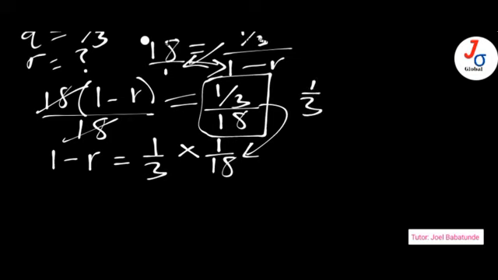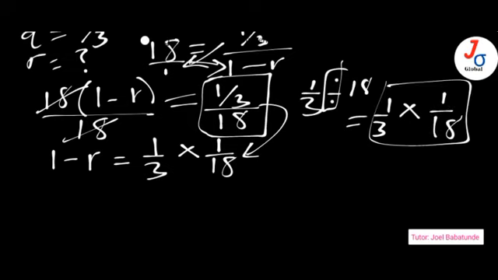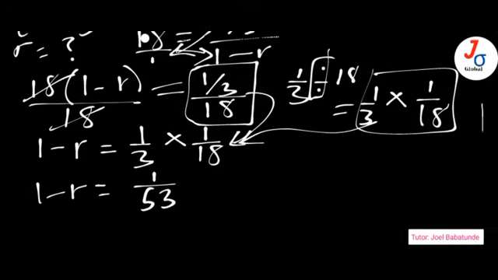Dividing by 18 transforms into multiplication by taking the inverse of 18, that's 1 over 18. So we have 1 minus R equals 1 over 18 times 3, and 3 times 18 is 54.